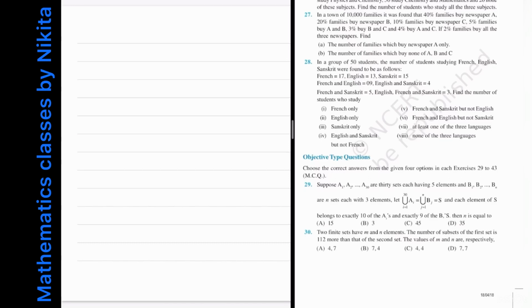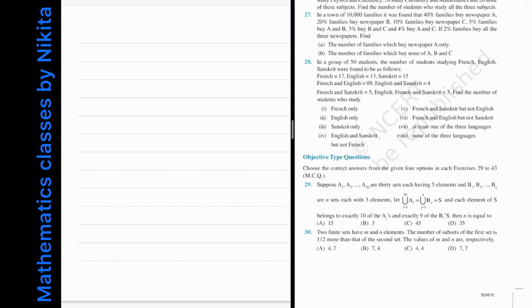So question number 29 says, suppose A1, A2, A3 up to A30 are 30 sets, each having 5 elements, and B1, B2, B3 up to Bn are n sets, each with 3 elements.